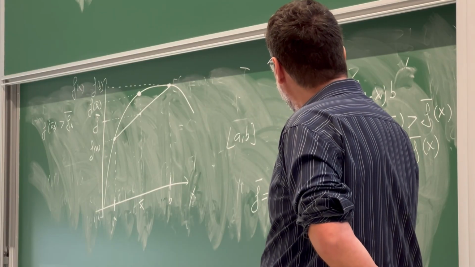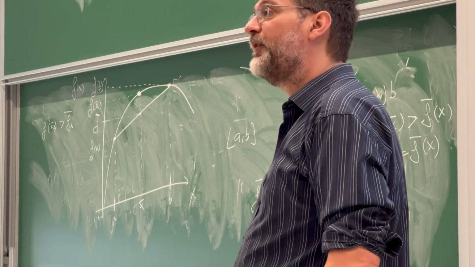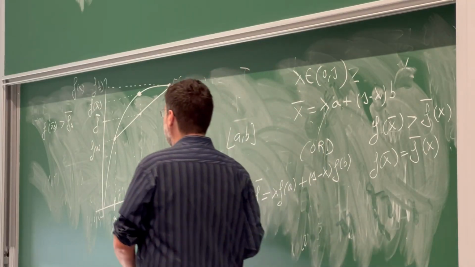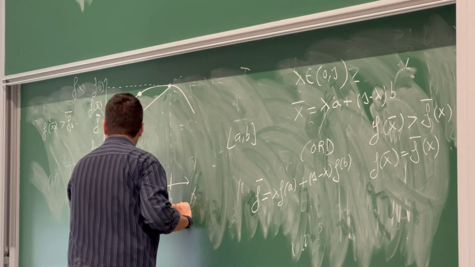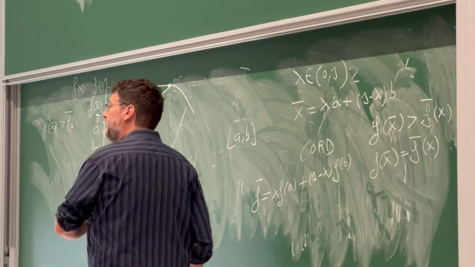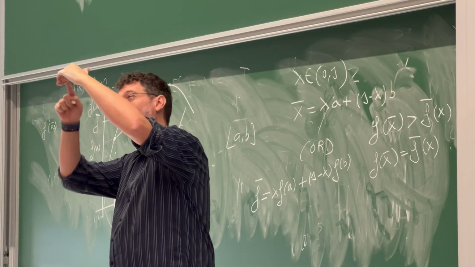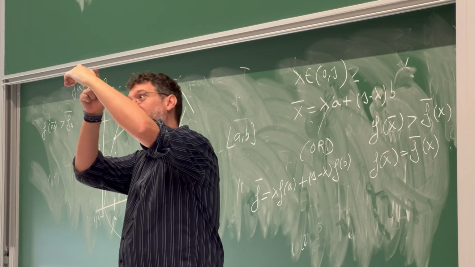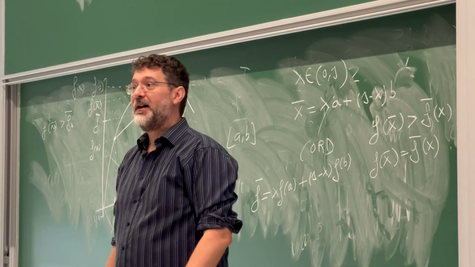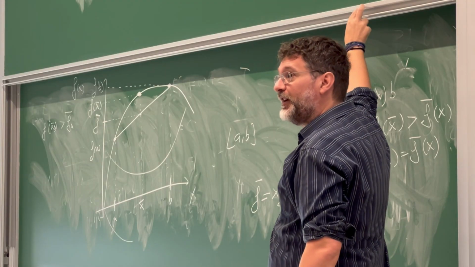When the function of the midpoint is below the mean value of the function, you have convexity. Concavity is like that. Concave, like a cave. Convexity is like this. And mathematically, it's characterized in this particular way. Okay? It's understood.